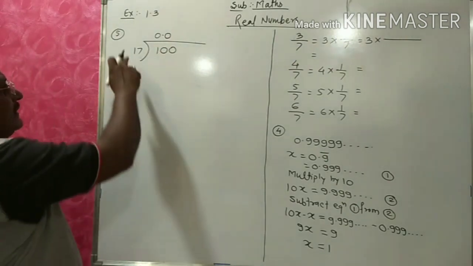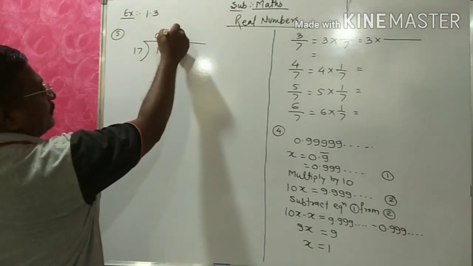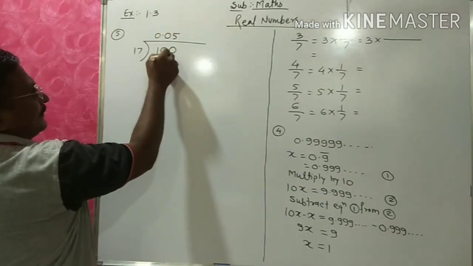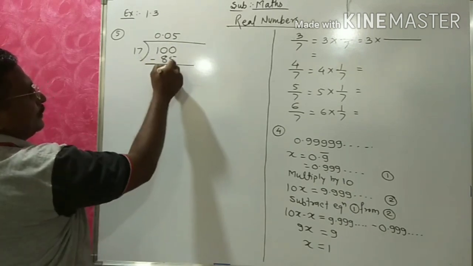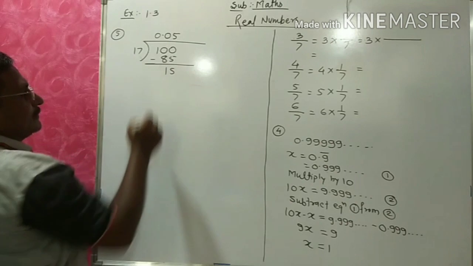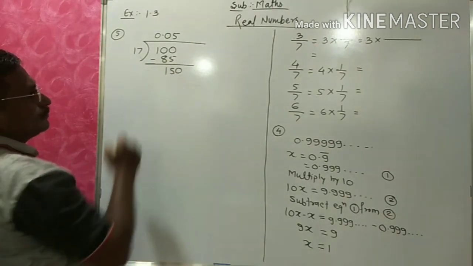Now what we will get? 17 and 100. So 17 5s are 85. So what we will get? 15, now again 0.